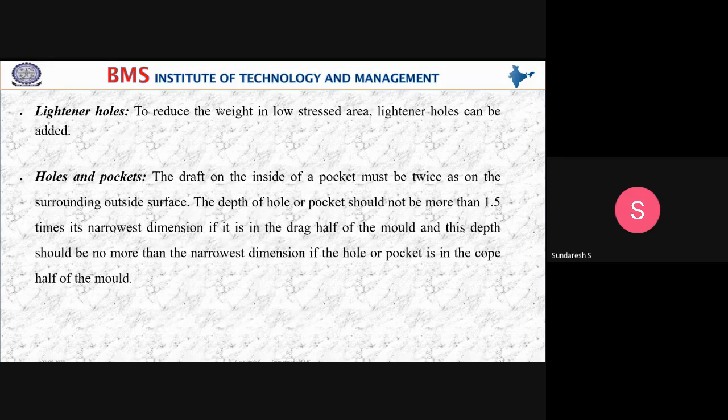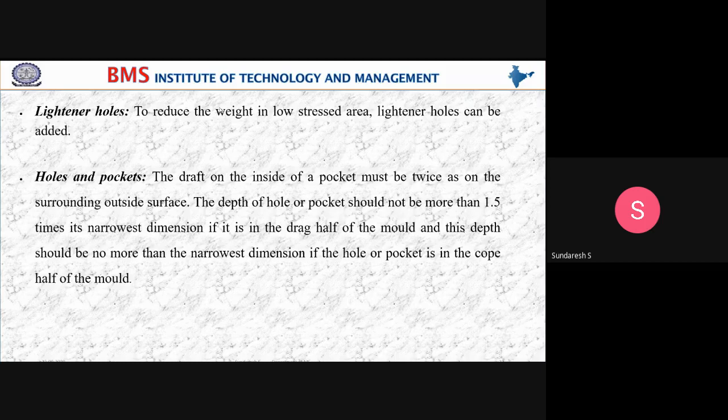Next, lightener holes. To reduce the weight in a low stress area, lightener holes can be used. Because whenever the weight of the casting is more, to reduce that weight in the low stress areas, lightener holes can be added.